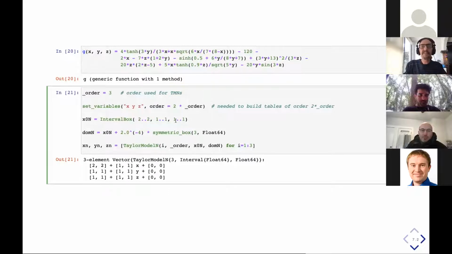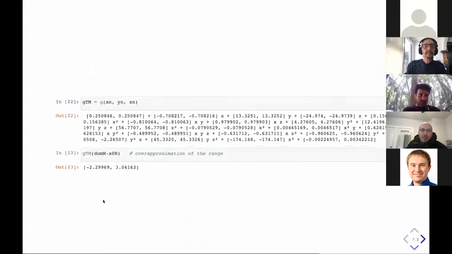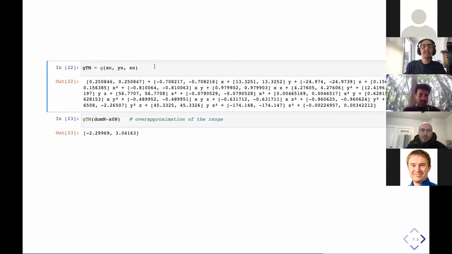I defined the interval box around which I want to expand. I defined the domain, and these will be my Taylor model independent variables in each direction. So this is the direct evaluation on those variables, and you see that you get a tiny remainder.